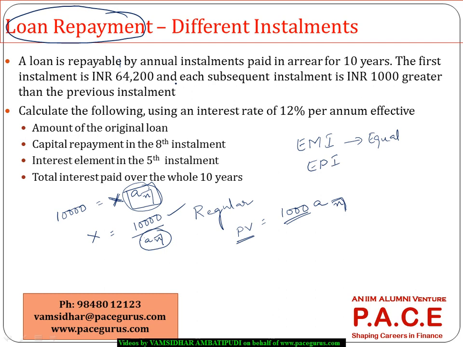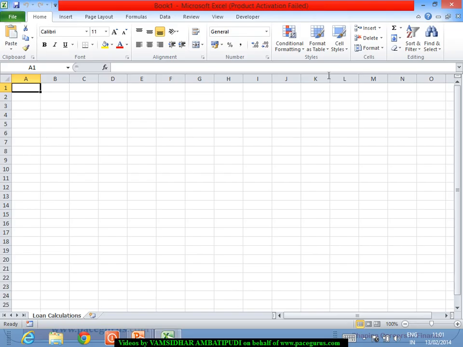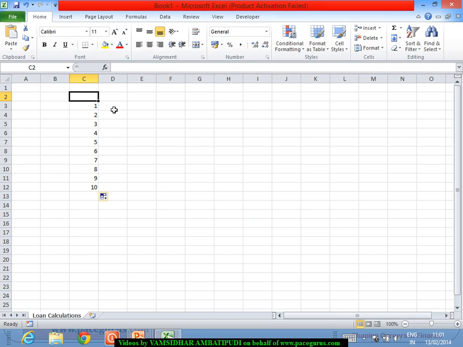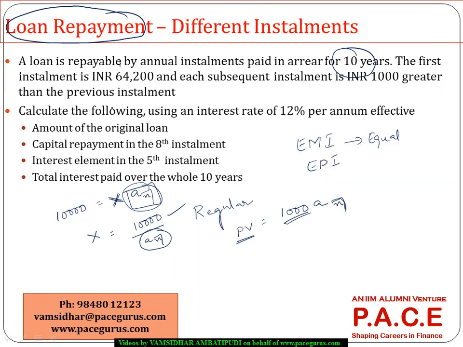Like in this case, you see here, a loan is repaid by annual installments in a 10-year period. I am looking at years 1 to 10, so this is the year number.